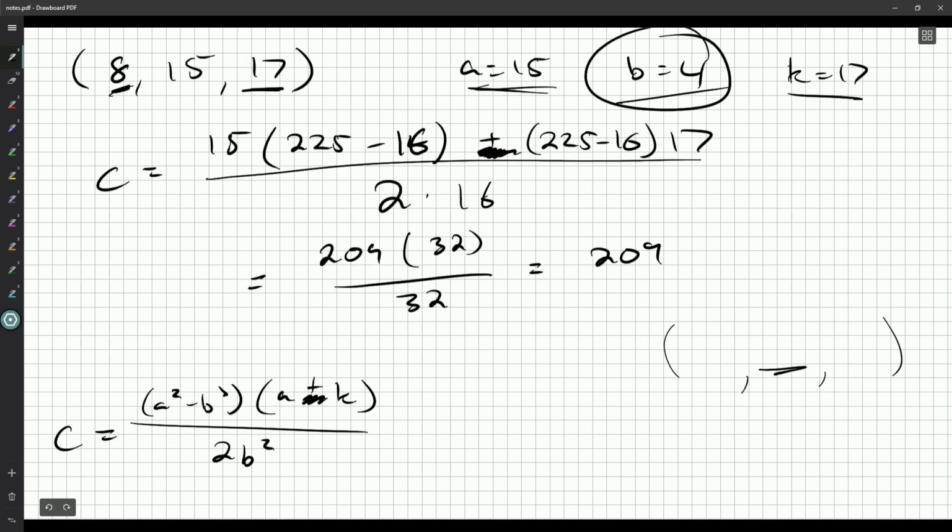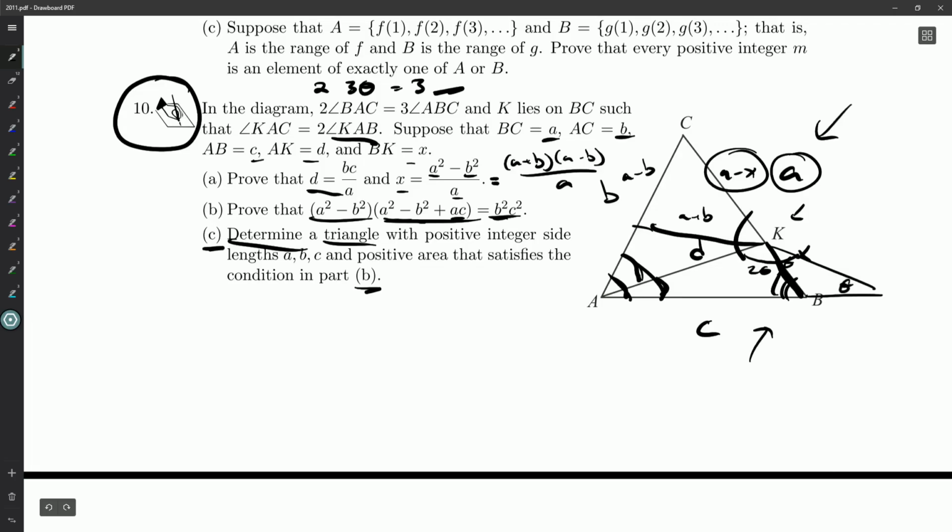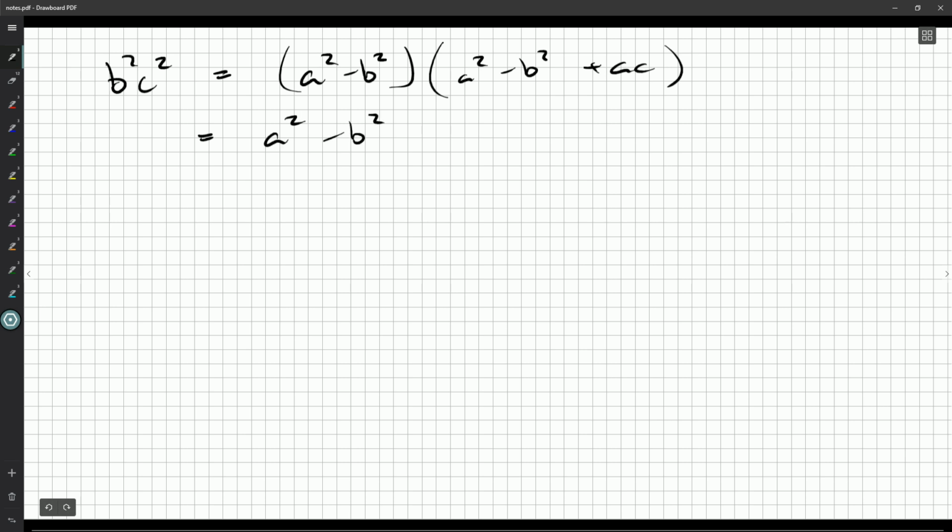So let's try and go for that quadratic again. Go right from the source. It is a squared minus b squared minus b squared plus ac equals b squared c squared. Okay, so I'm going to say b squared c squared equals a squared minus b squared, a squared minus b squared plus ac. So that's a squared minus b squared squared plus a squared minus b squared c.